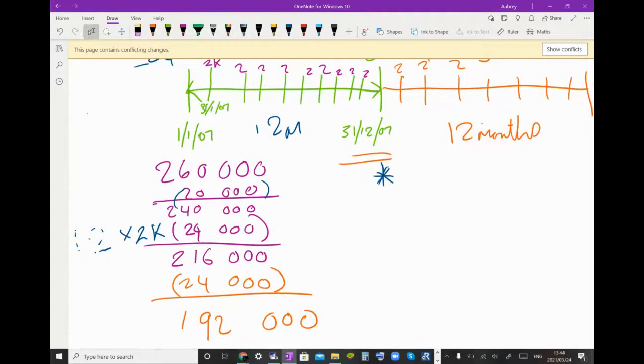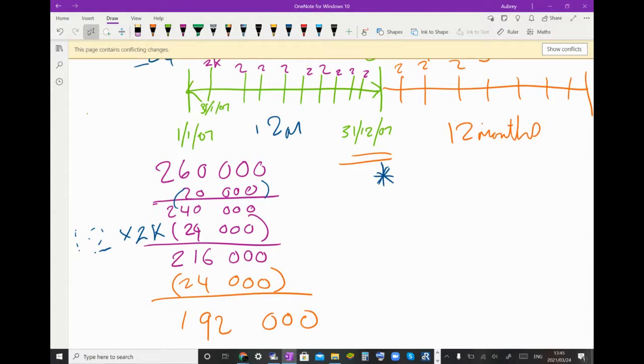But then we said we have a problem, because the 216 is encompassing both our long-term and our short-term liabilities. We want to know how much of that is long-term and how much of that is short-term. By definition, short-term liabilities are those that we have to pay within 12 months.